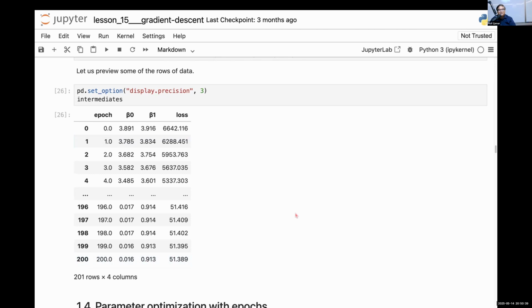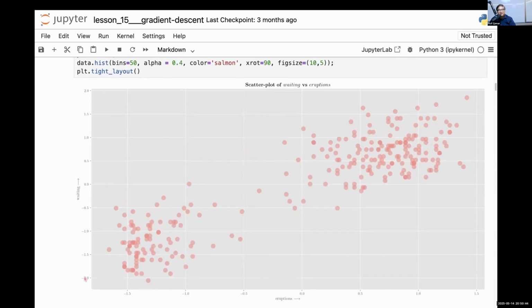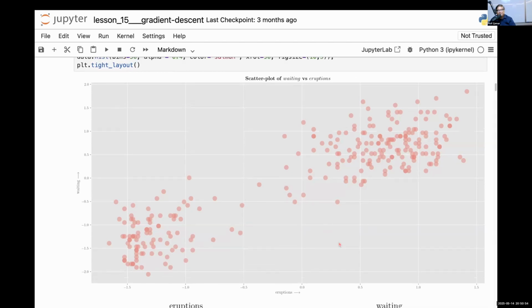Right? If we look at this data, let's see if it makes sense. If we imagine a straight line going through, would you agree that when you go 1 unit along the x-axis, the y also seems to be more or less 1, or a little bit less than 1?